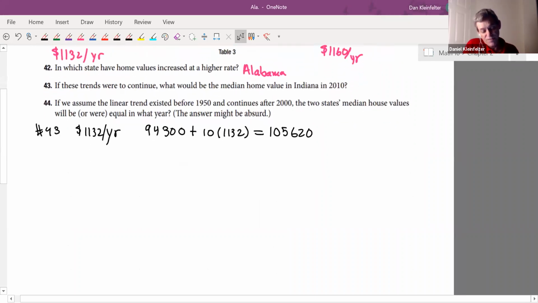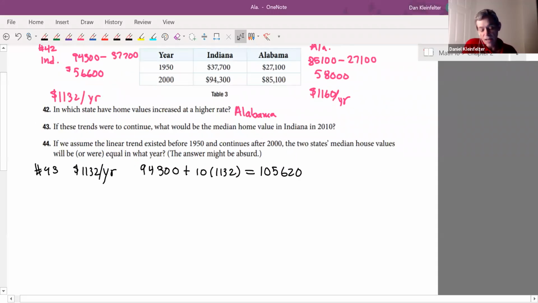So now, finally, for 44, if we assume the linear trend existed before 1950 and continues after 2000, the two states' median house values will be or were equal in what year? So what we're asked to do here is to figure out some time where the values would be the same. Indiana increased from 37 to 94, Alabama 27 to 85 over this time period.